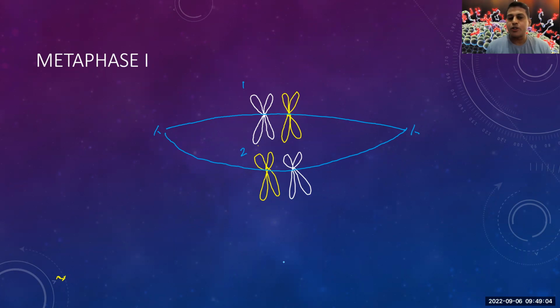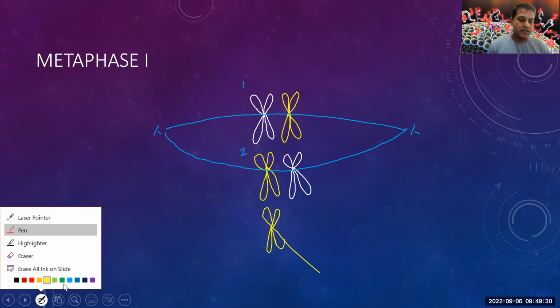Then how should I draw white and yellow chromosomes? There's no rule, it's random. So I can place the next one, for example, if I want to draw another one, again I can place yellow one here, and then white one on the other side.